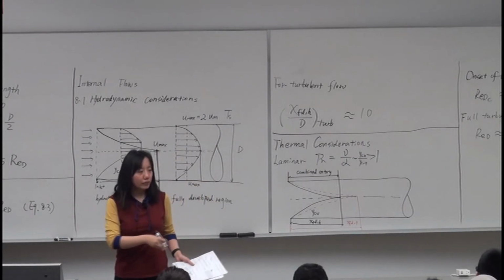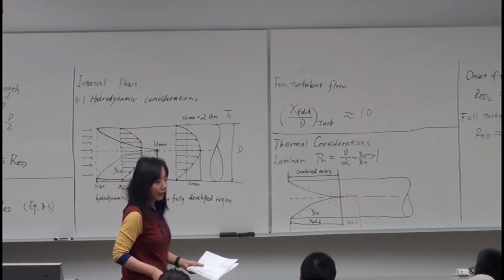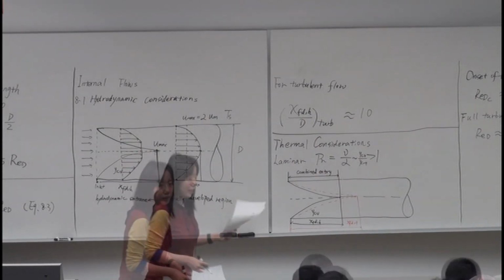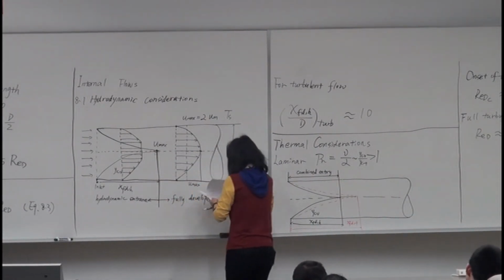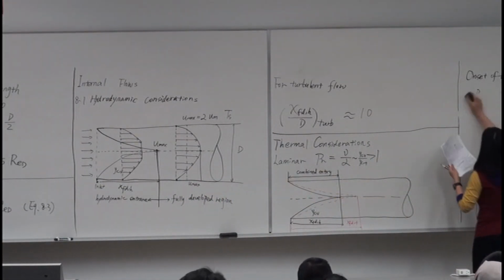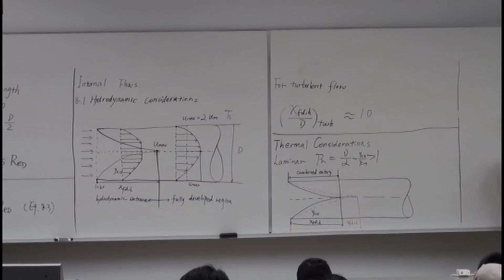Of course, for Prandtl number smaller than 1, the combined entry length is given by our thermal entry length. Right? And we will do a similar calculation as we did to obtain the correlations for hydrodynamic entry length.